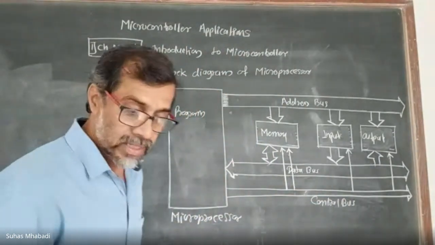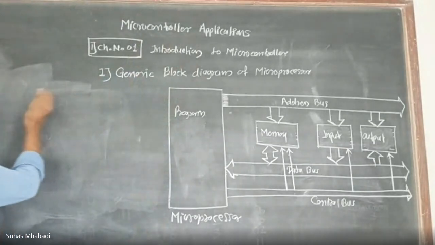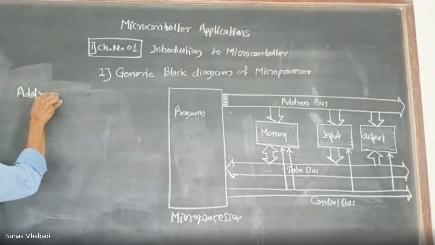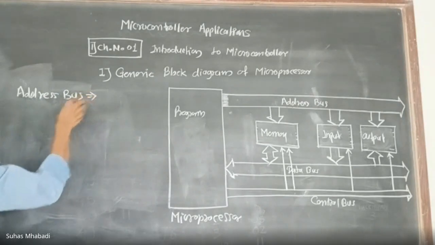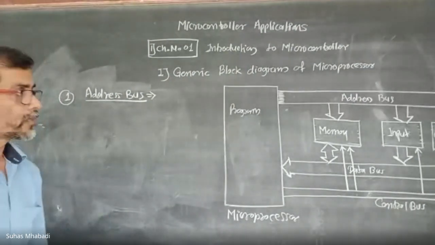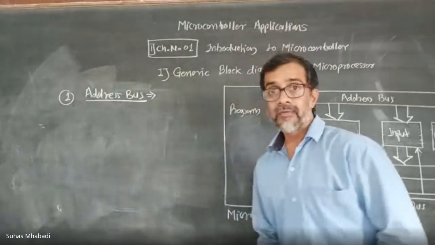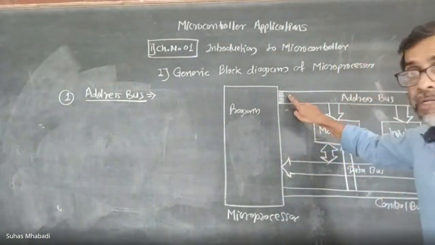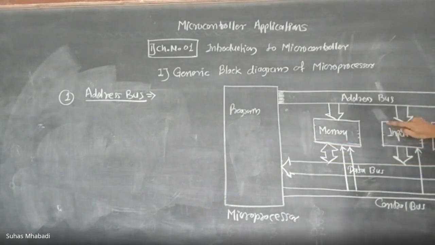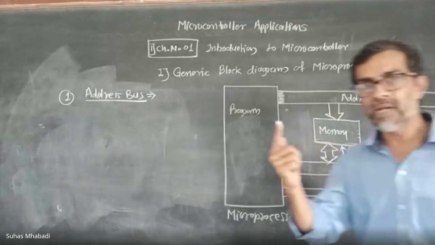Okay, now we'll discuss the address bus. Now we start with the first point that is known to us. Address bus is used to identify the location from memory, to identify the input device, or to identify the output device, one location at one time.